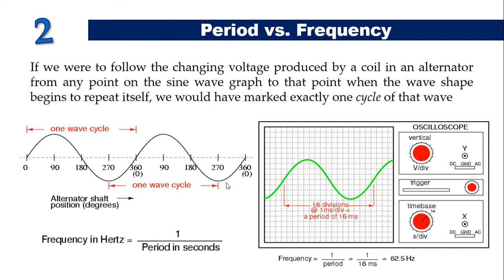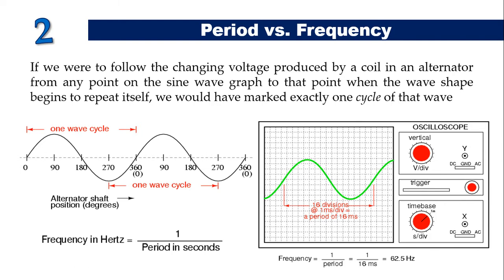That's when the period, or one cycle of the sine wave, is traced in 16 milliseconds. Its frequency, which is the reciprocal of the period, is equal to 62.5 hertz.